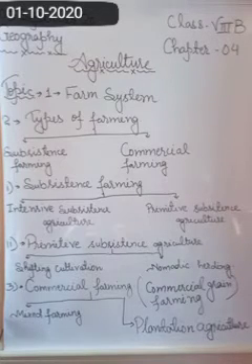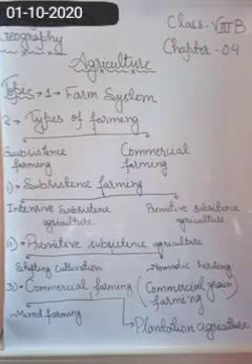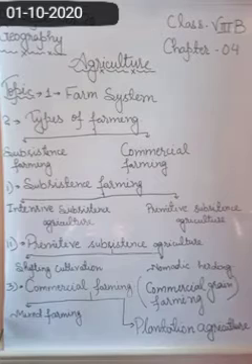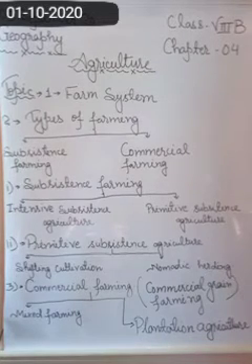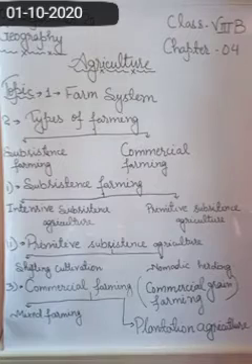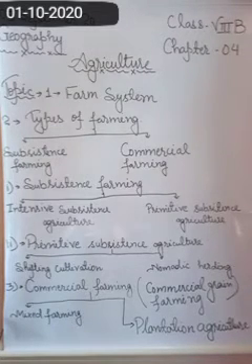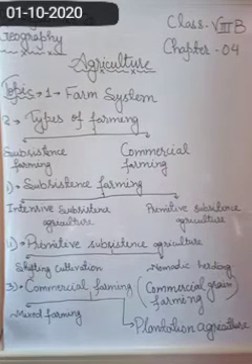In this type of farming, farmers traditionally use a low level of technology and family members as labor in the agriculture field, and they use a very small plot of land to get a small output. Okay, so students, subsistence farming can be further classified as intensive subsistence farming and primitive subsistence farming.